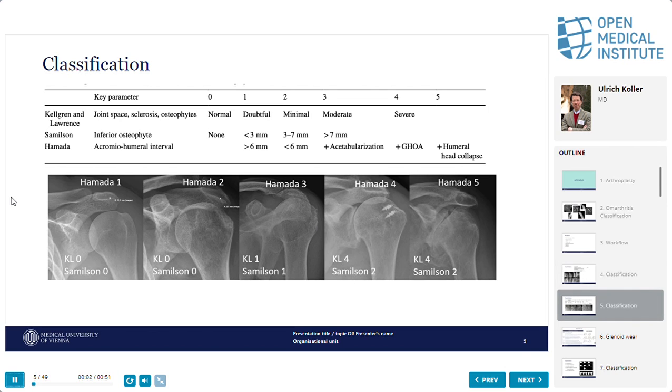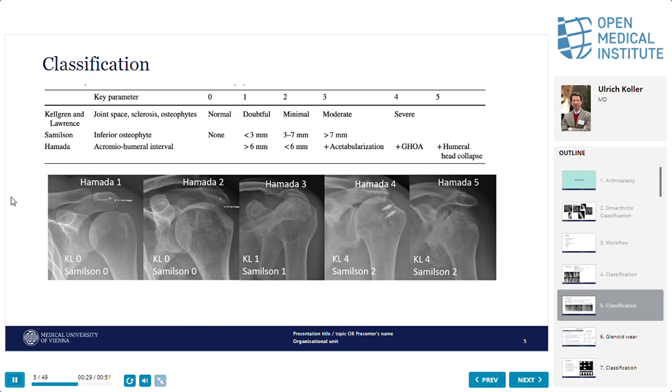So the classifications are Kellgren-Lawrence, Samilson-Prieto, and Hamada. Hamada tells us about the acromiohumeral distance, so it evaluates the rotator cuff. Then Samilson-Prieto tells us something about the osteophytes here in the recess, where you can see it like this.